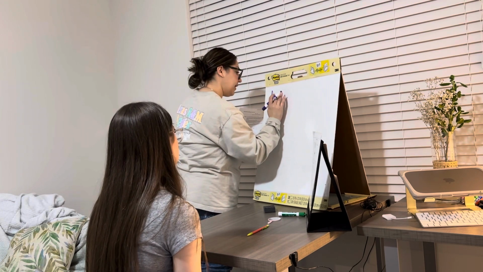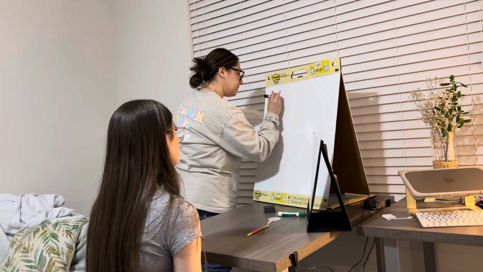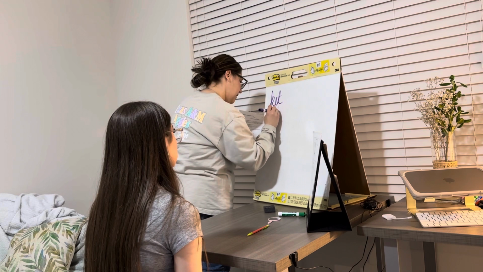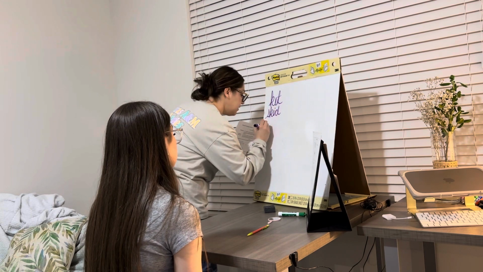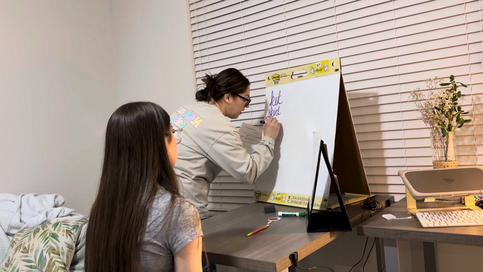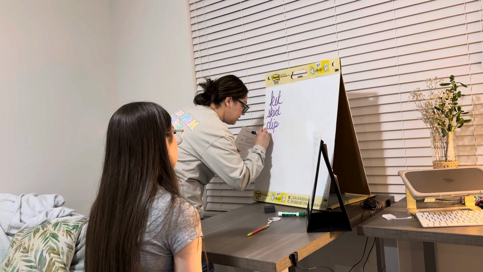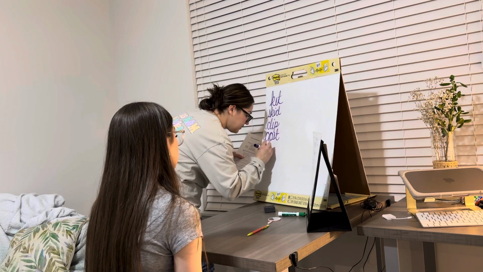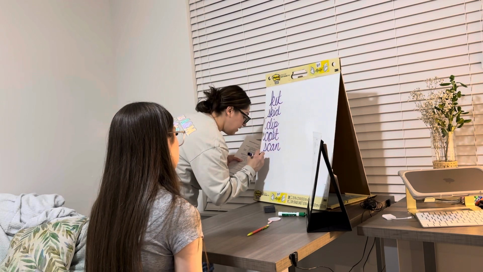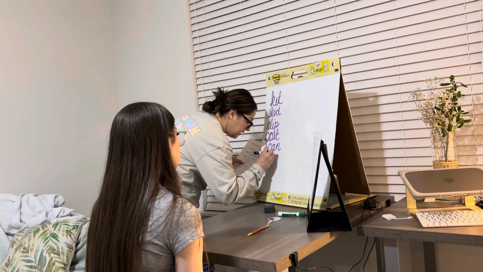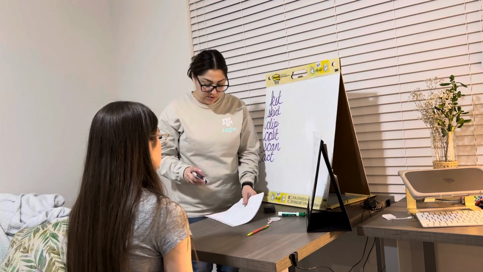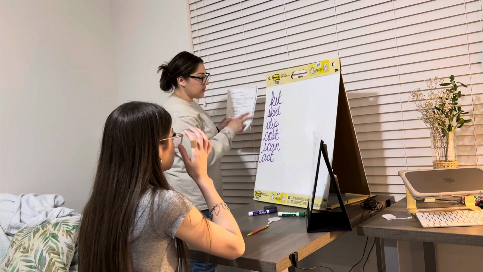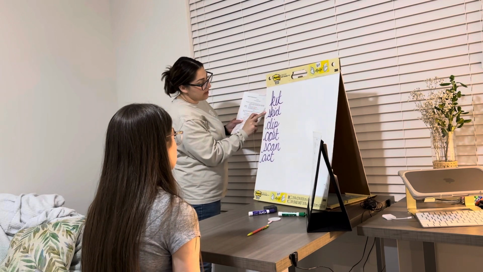K, I, T, S, K, I, D, C, L, I, P, C, O, S, T, S, C, A, N, A, C, T. Okay, now I'm going to point to 2 of these words, the first one and the second one.